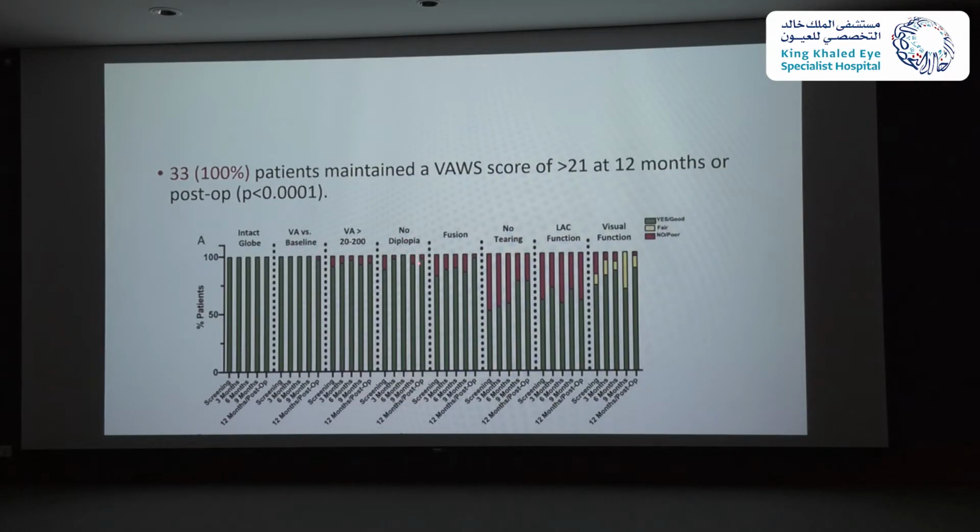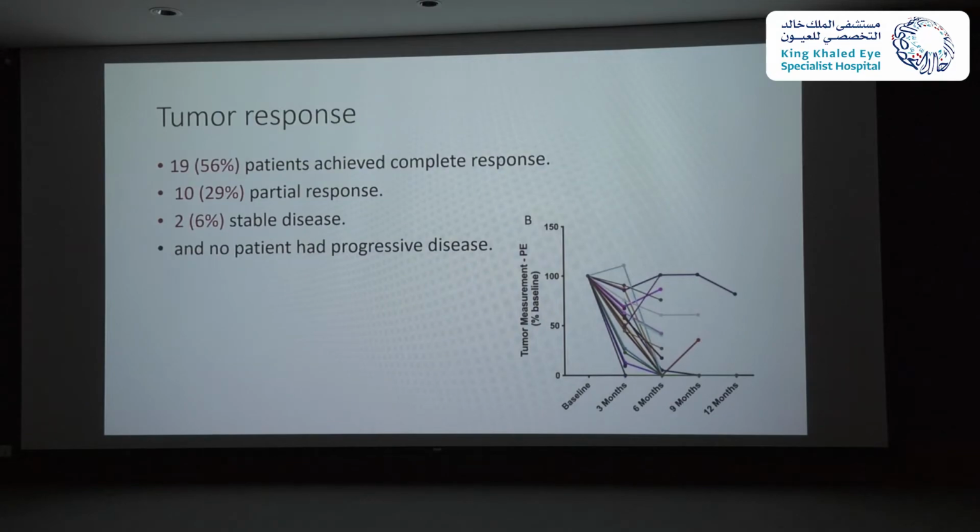Diplopia, they actually improved. Tearing, they actually also improved here. 56% of patients achieved complete response. 29% of patients had partial response, and 6% had stable disease, and none of the patients had progressive disease.